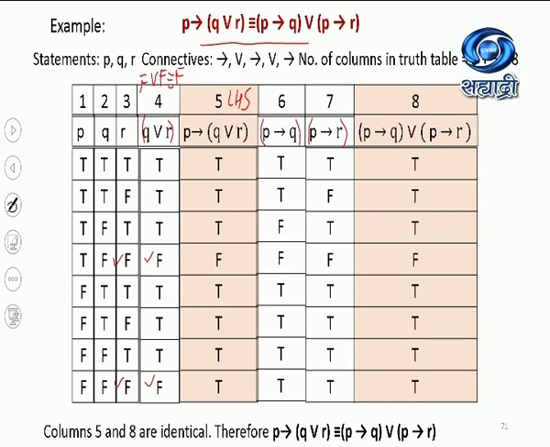Now column 5 is for the entire statement pattern on the LHS, which is P implies Q or R. So in short, I can say it is 1 implies 4. Now what is the implication hint? Only TF is F. That's all.